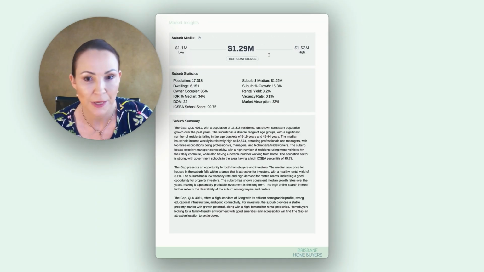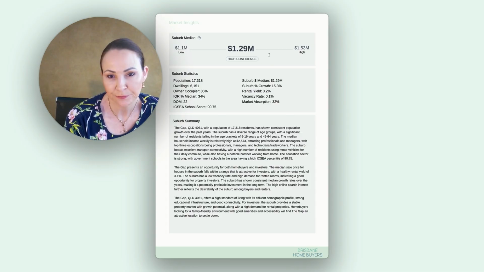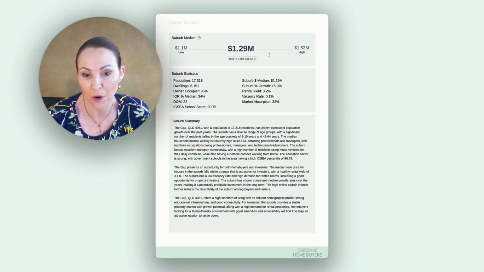All right, next page in this is the suburb median price and some more information about the suburb with a summary. Each time, if I was to run this for you using the software I have, then this is what you would get. And this is pro buyer agent software.